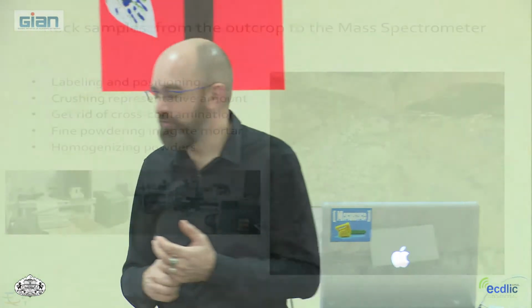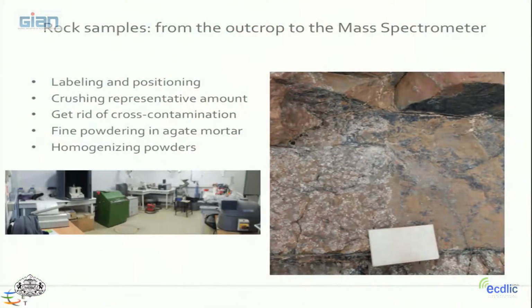So let's start with some basic notion of rock sampling, selection, and preparation before the clean lab. I don't know if you remember the first day I told you about the way the geochemists are sampling on the field.